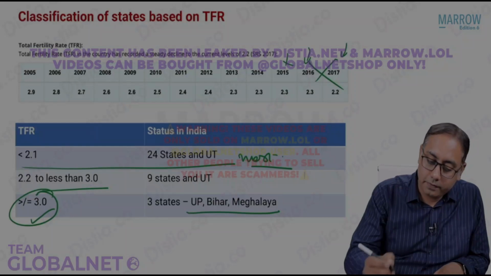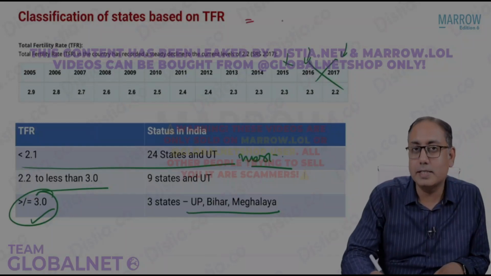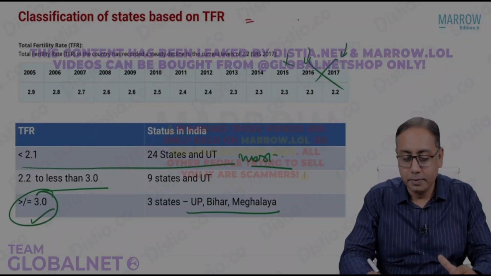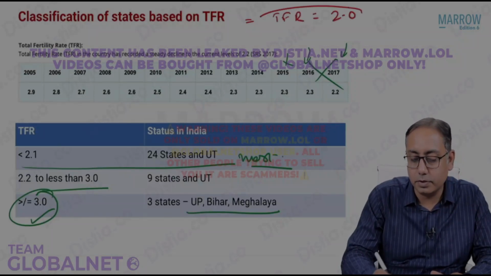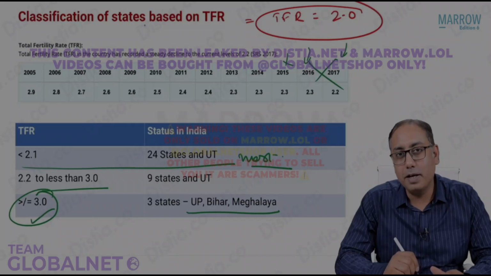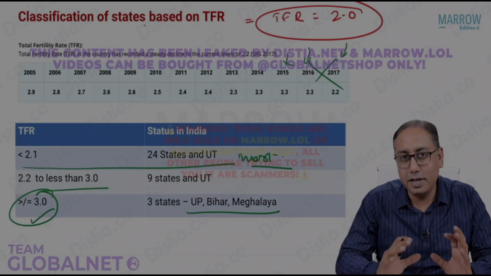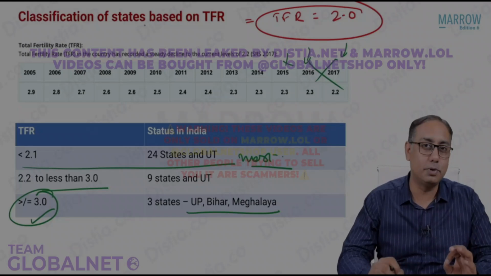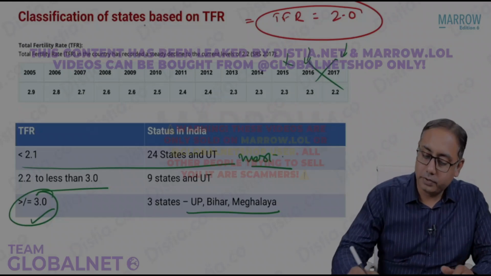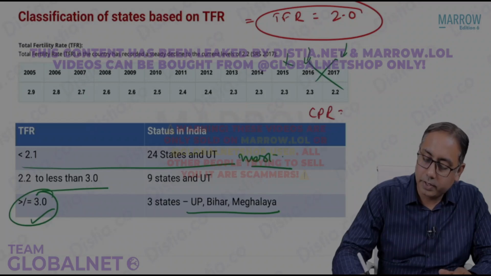Please note that we are very happy to share that the latest NFHS 5 data shows that the total fertility rate of our country is 2.0. So that's a very welcoming and very good news that the total fertility rate of India is 2.0. The couple protection rate of India is around 66%.